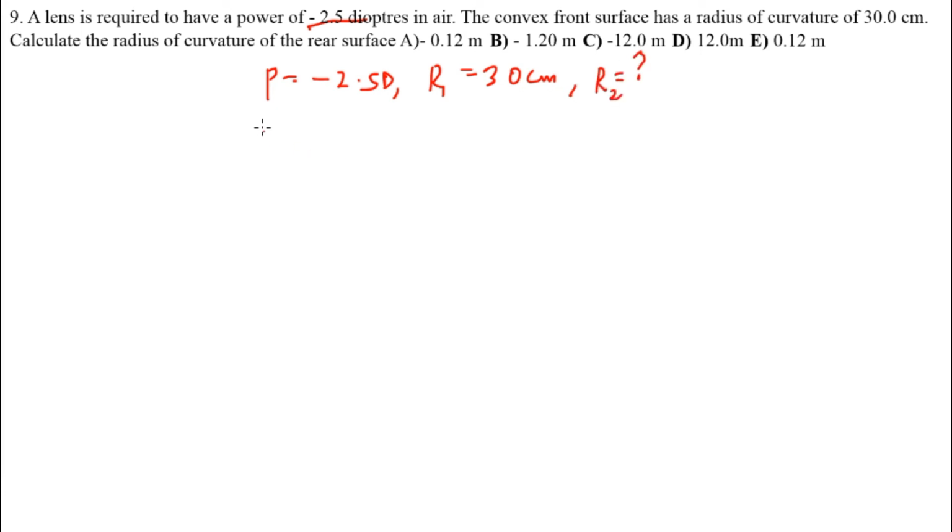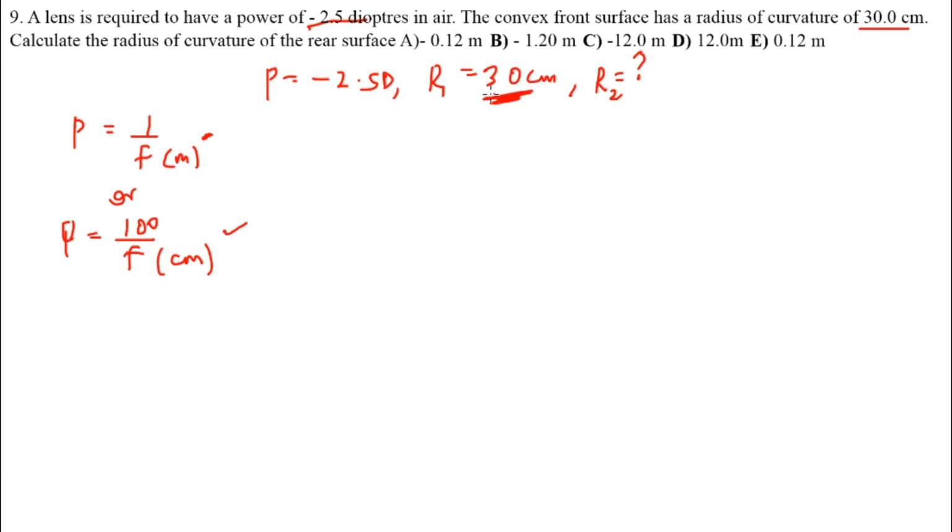Now remember, the power of a lens is equal to 1 over f, where f is in meters. Power of a lens is also 100 over f, where f is in centimeters. I'll prefer this one because I have the other parameters in centimeters, but you can also use the other; you will just need to convert to meters by dividing by 100.